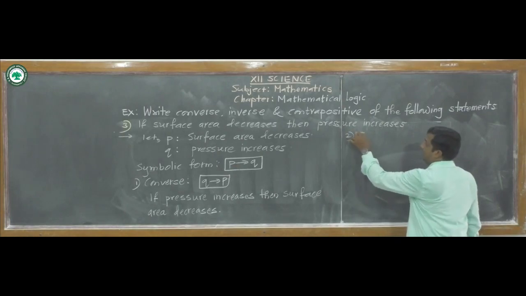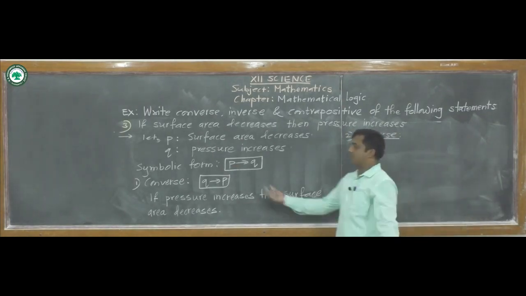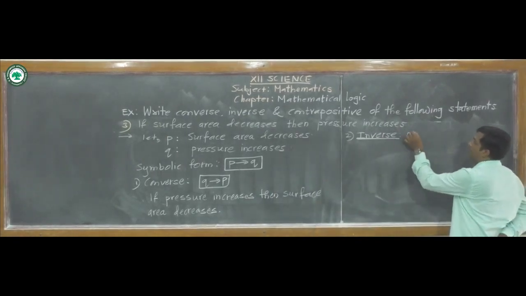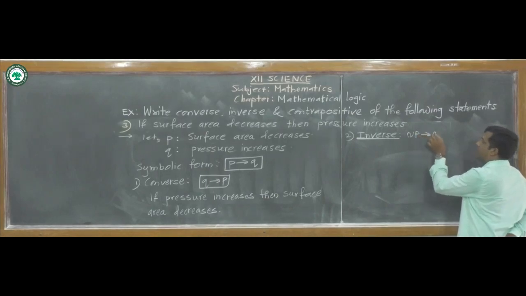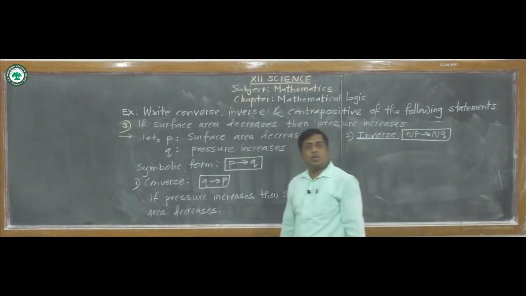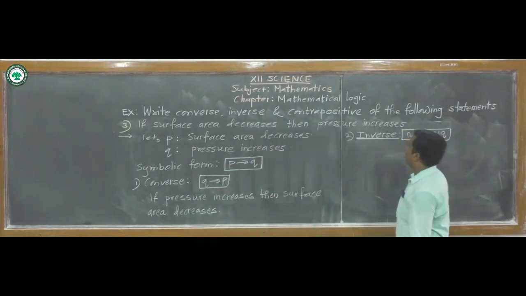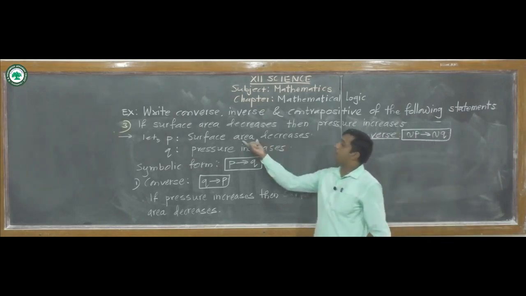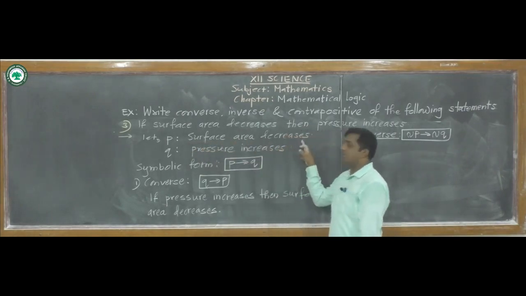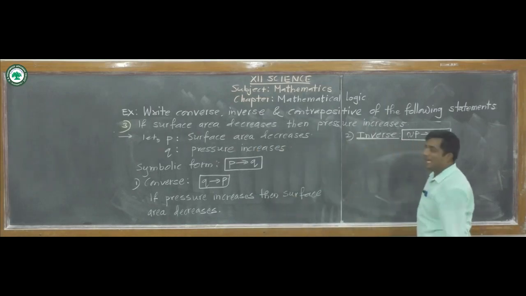Second, the inverse. If P implies Q is the given relation, then its inverse is denoted by negation of P implies negation of Q. That is, we consider the negation of both statements P and Q. So we consider the negation of P first. Here P is surface area decreases. Its negation is surface area does not decrease.